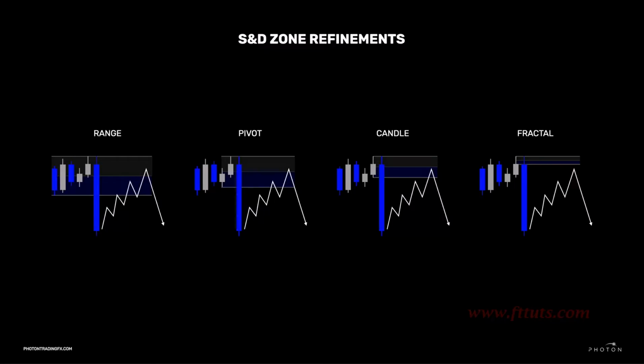And finally, if you want even further refinement, you can draw the supply zone from just the wick of that last bullish candle of that pivot point within that entire range, okay? So you can see that going from left to right, they are all the exact same price action example, but you are just refining it further and further as you go across to the right.